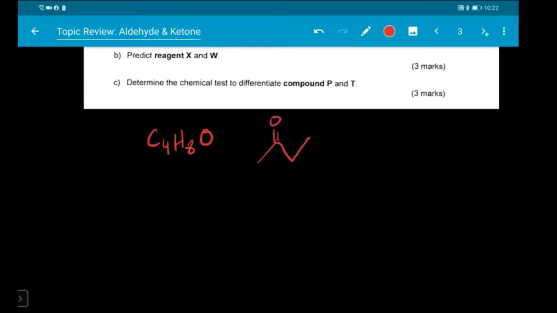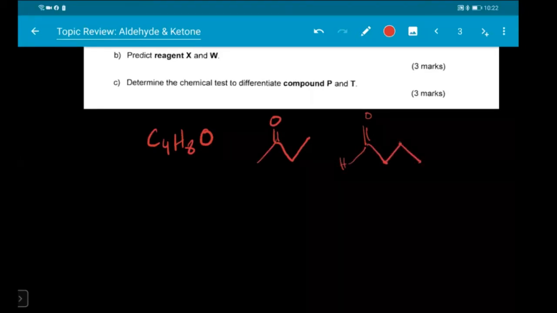C double bond OH boleh jadi aldehyde. Okay. Apa lagi? There's only two possible structure. Tolong betulkan kalau saya tersilap. Ada structure lain tak? 1, 2, 3, 4. Kalau saya lukis, ni sama ni.